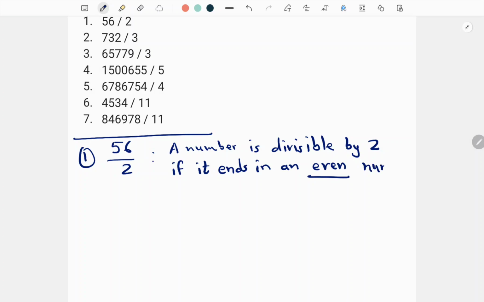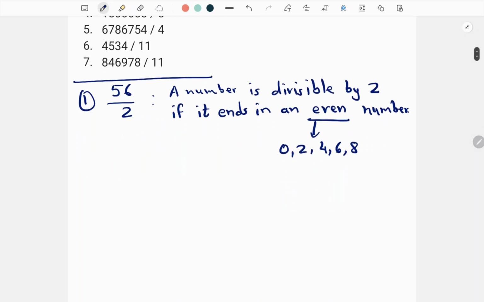Even numbers, we know, are 0, 2, 4, 6, 8. So if a number ends in one of these numbers, then it is divisible by 2, otherwise it is not.